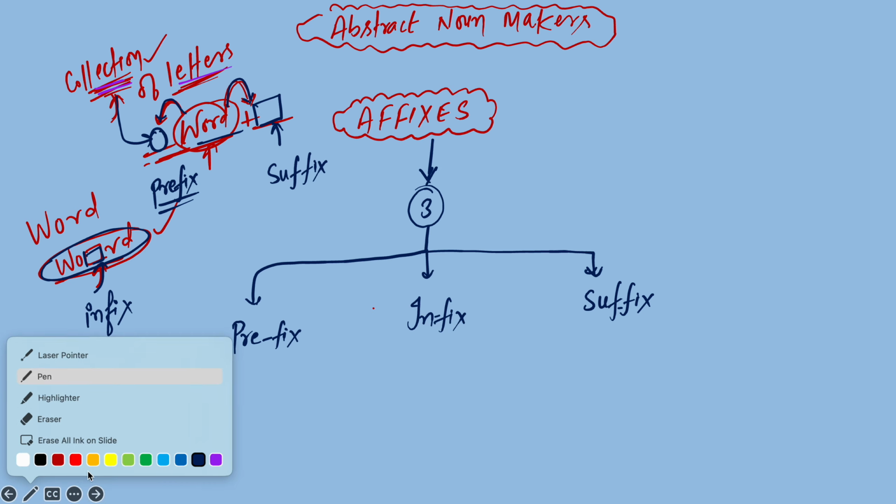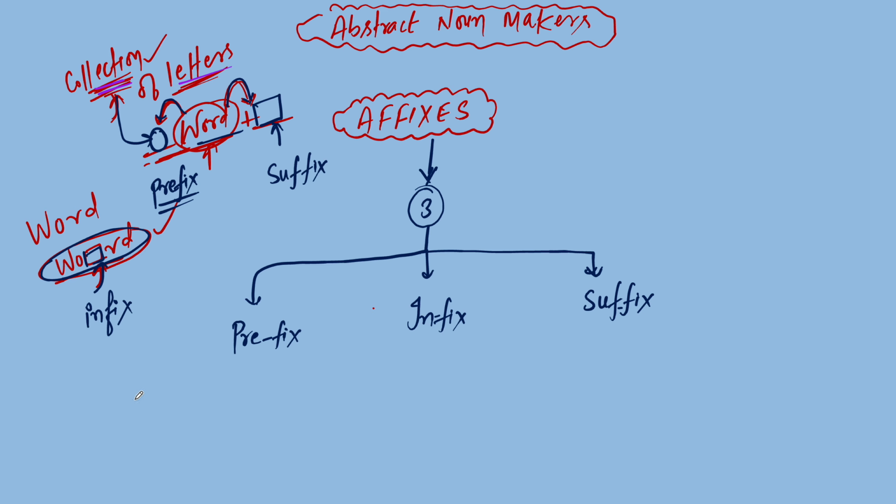Now, I also want to make you understand one more thing, that is root word. A root word is basically that word which has its own meaning. The word which has its own meaning is known as a root word.